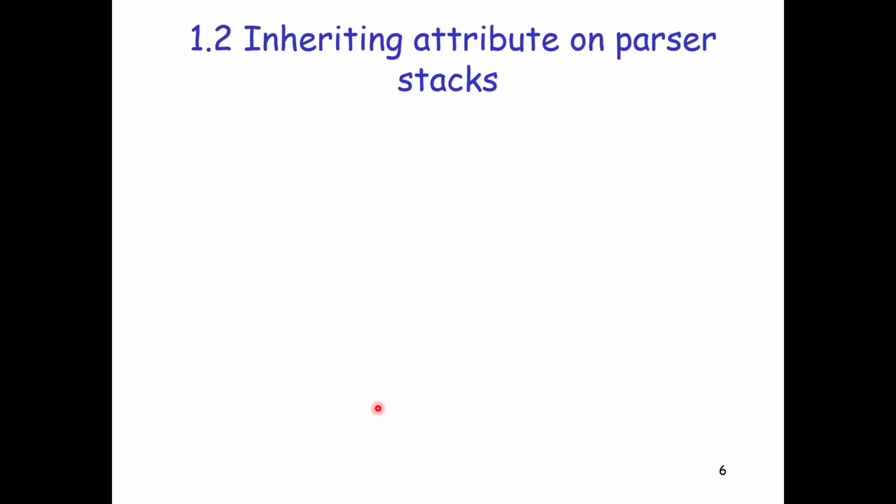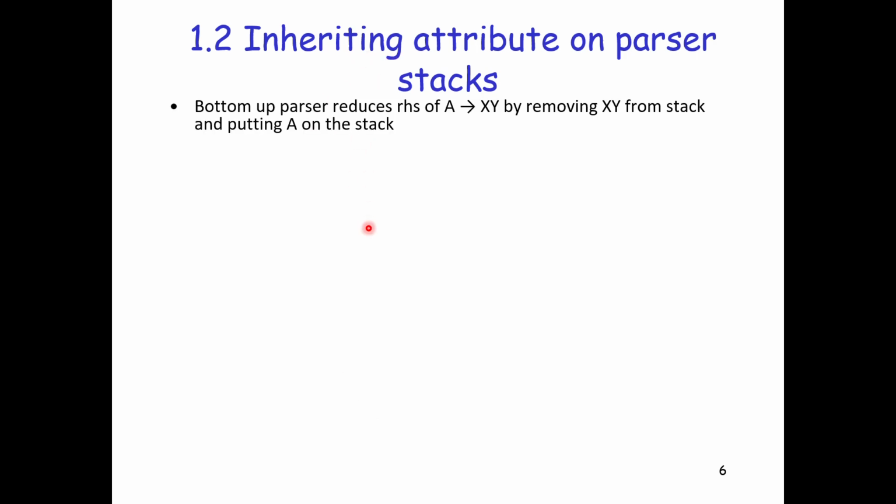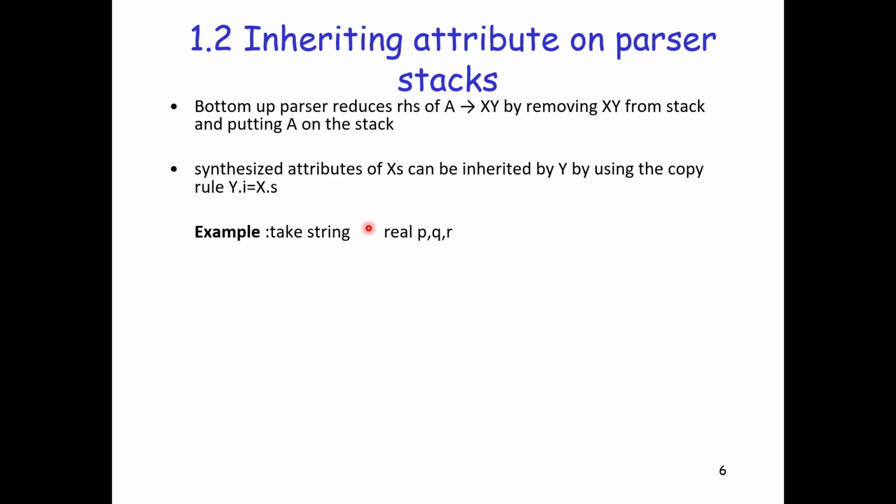Next topic of bottom-up evaluation of inherited attribute is inheriting attribute on parser stack. So how can we use the stack implementation of parser for evaluating the inherited attribute? Here, the bottom-up parser reduces the RHS of A gives X Y by removing X Y from the stack and putting A on the stack.